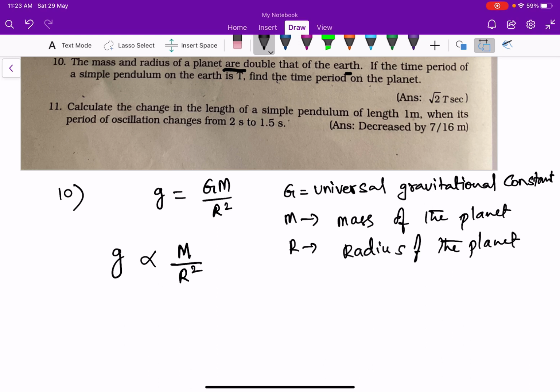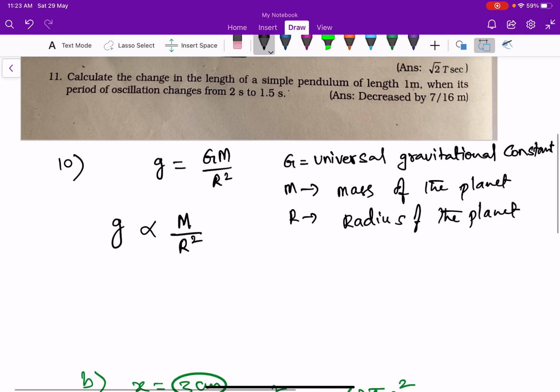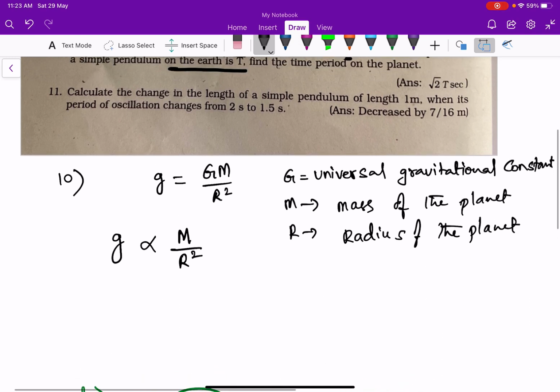If the time period of a simple pendulum on the surface of earth is T, we know the expression for time period is T equal to 2 pi root L by g. When g value is equal to g, the time period is T. But find the time period on that planet.